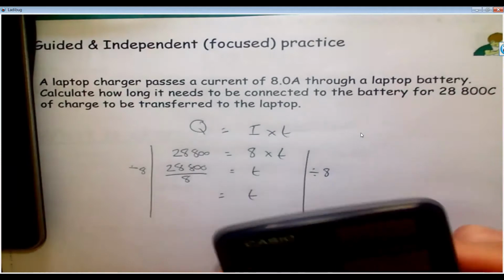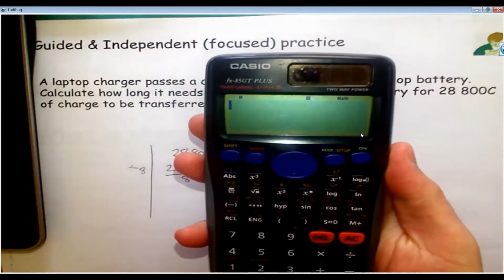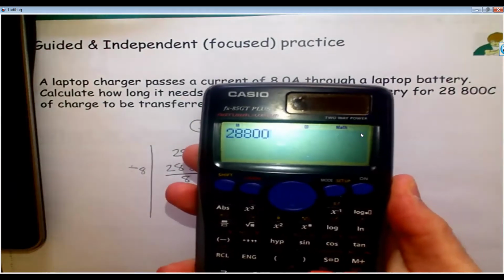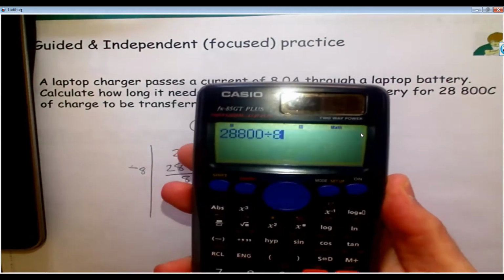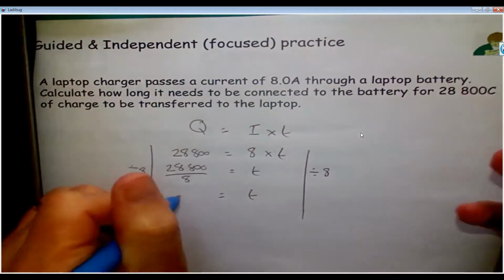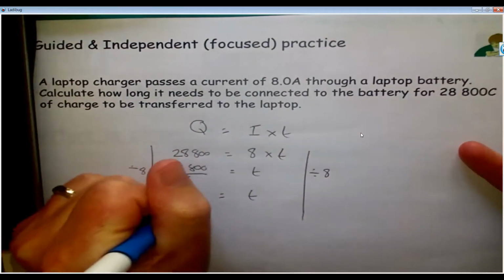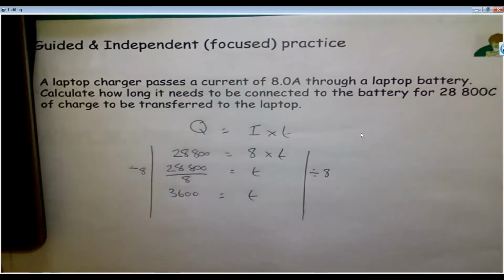And as always, because in science you're always allowed to, use your calculator. 28,800 divided by 8 gives us an answer of 3,600 seconds.